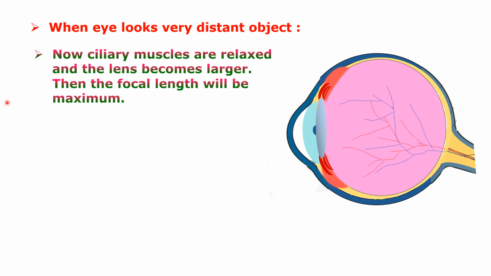That means when the object is at infinity, its image will be formed on the retina. And the retina means the distance between the lens and retina. We know it is 2.5 centimeters. That's why the focal length also becomes 2.5 centimeters.